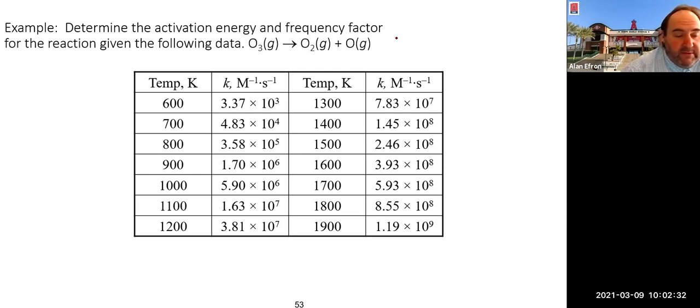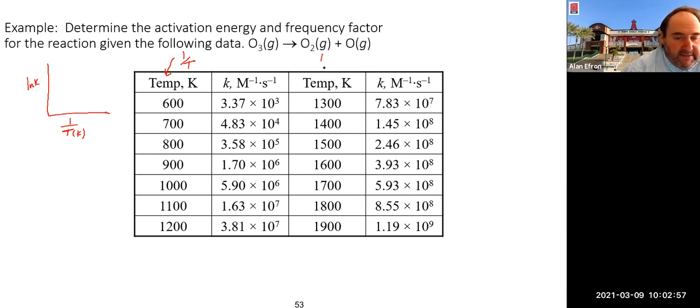So what we would want to do is make our plot. Our plot is going to be the natural log of k on the y, and 1 over the temperature in Kelvin on the x. What that means is, for your temperature column, you would need to go through and take 1 over T, because it's already in Kelvin.